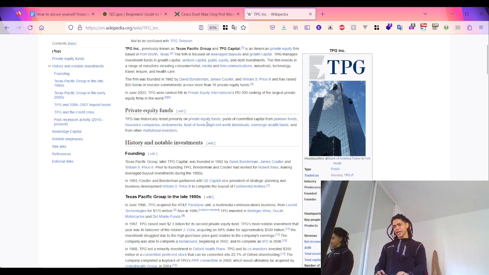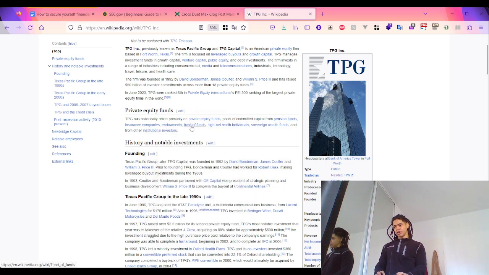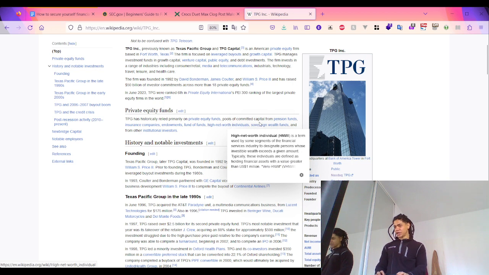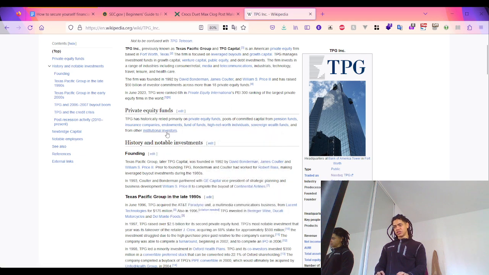Exactly, this is where they get their money from: pension funds, insurance companies, endowments, fund of funds, high net worth individuals, sovereign wealth funds or bonds, and from other institutional investors.